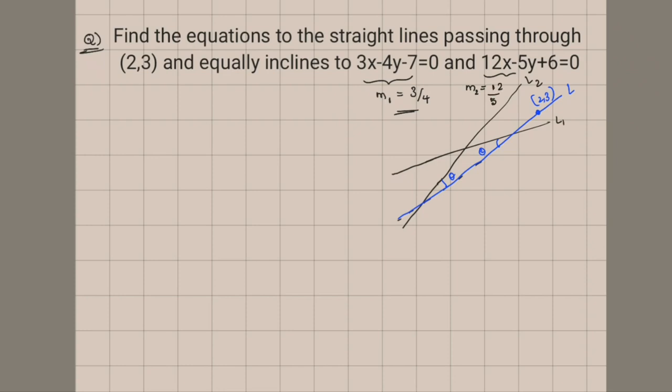So if we equate the angles between L and L1 and between L and L2, we get (m1 minus m) by (1 plus m1 into m), which is (3 by 4 minus m) by (1 plus 3 by 4 m), equals (m minus 12 by 5) by (1 plus 12 by 5 m).